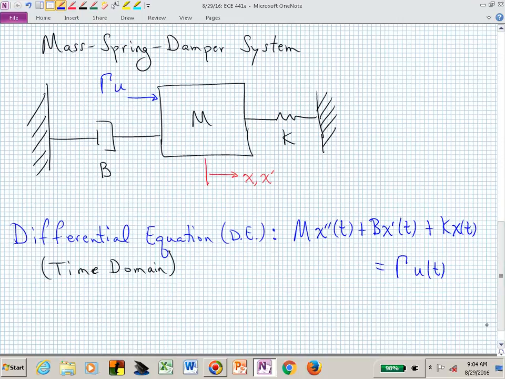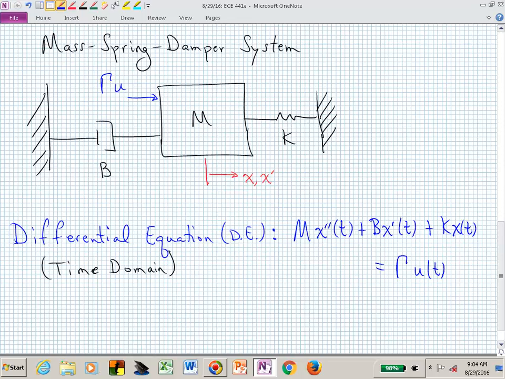And sometimes I will neglect to put the arguments on the signals, but hopefully from the context you will know whether we're in the time domain or the frequency domain. In this case, we're in the time domain with our differential equation.